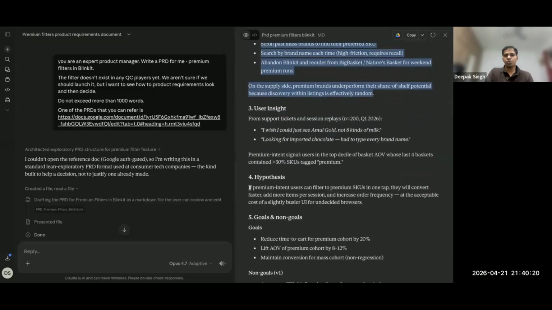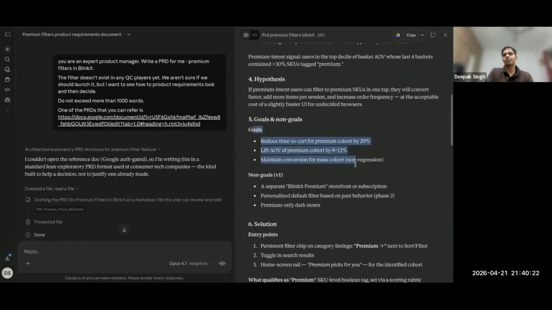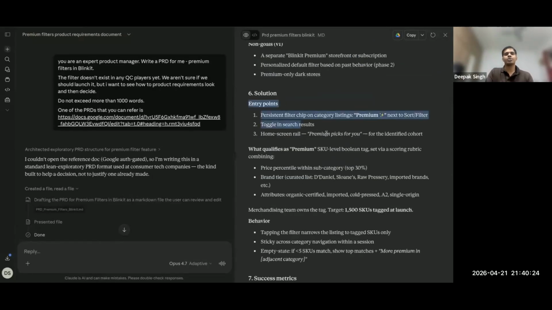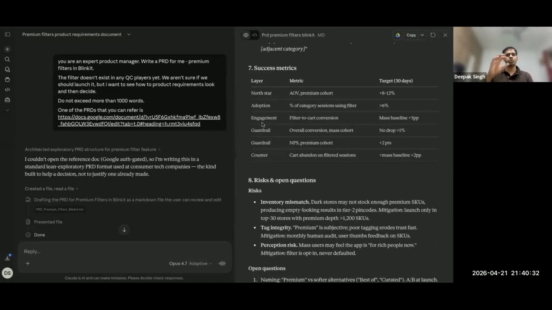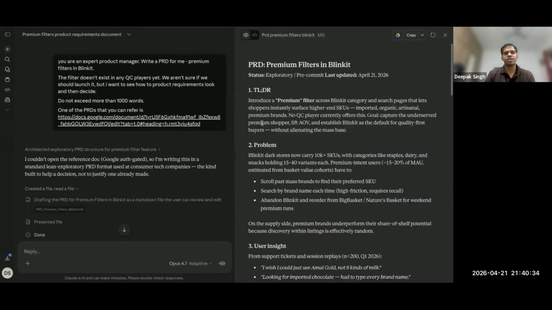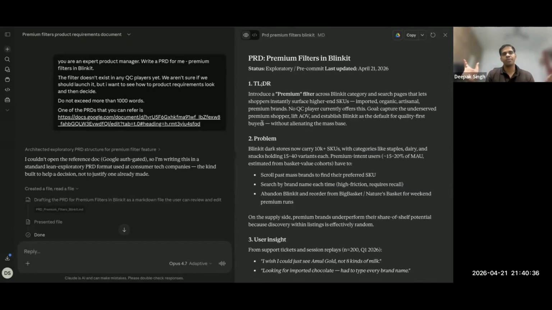I like to think about the goals, talk about the goals. I like to think about solutions and a variety of solutions. I like to think about what the metric is and what should be the right metric. This one-shot thing does not work for me at all. And which is why I'm going to show you, when we build this skill, I already have that skill built for me to write PRDs.